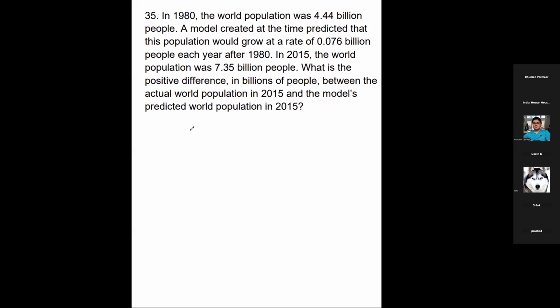Okay, so for this question, we're given an initial value and a rate of increase. So let's just write down the formula. We have 4.44 plus 0.076 times time equals the model predicted bird population.